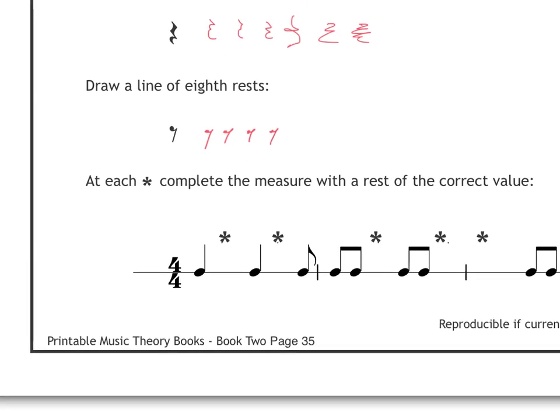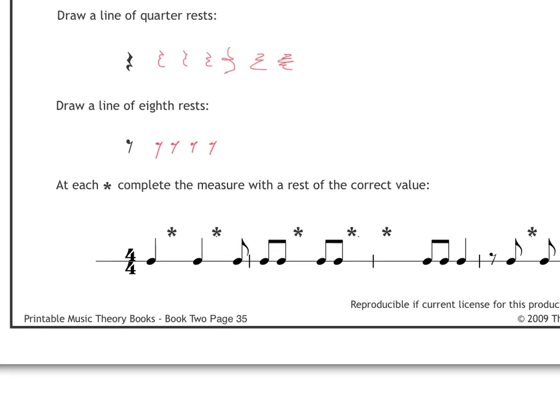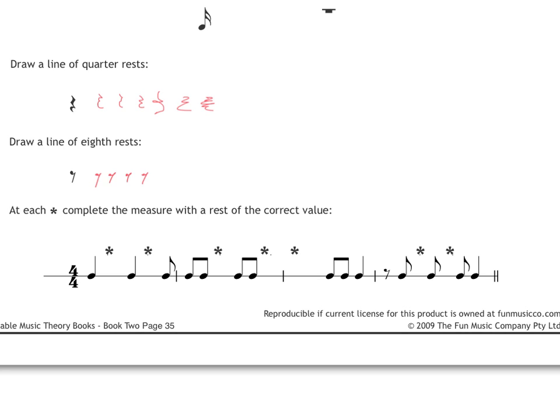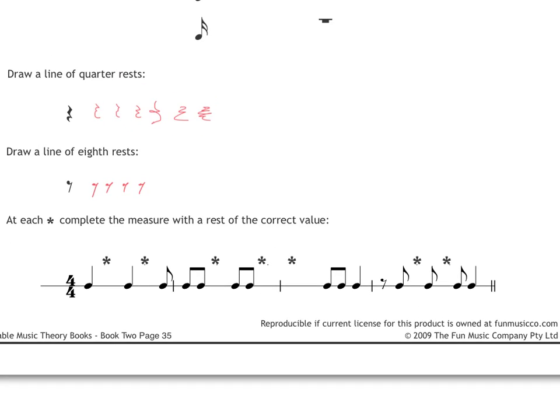Okay. And then, just like the previous page, at each asterisk, complete the measure with a rest of the correct value. So at each asterisk, I'd like you to put one rest value here, one rest value here, and have a look at what's happening in the music to give you an idea of which rest value goes in here.